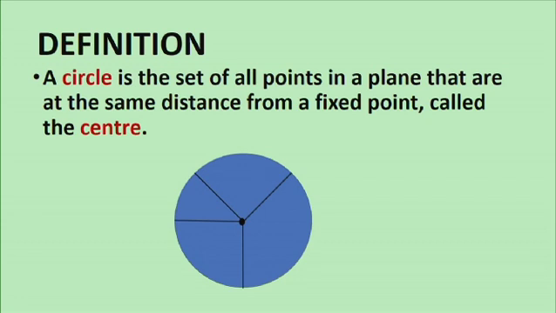Now this is the circle. In this definition, you will notice that they are talking about the same distance from the center. If you want to carry out a little experiment at home, you can measure each of these lines. You will see that they have the same length. This is the center.